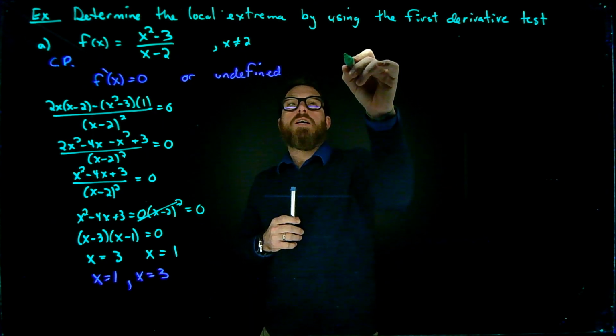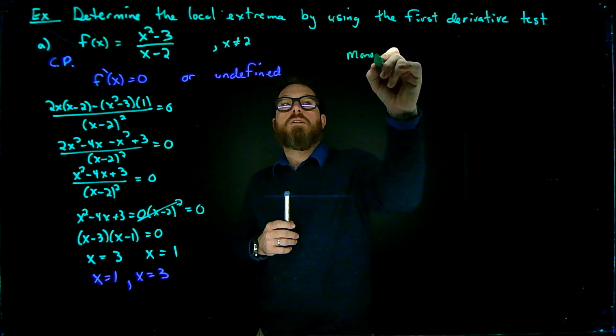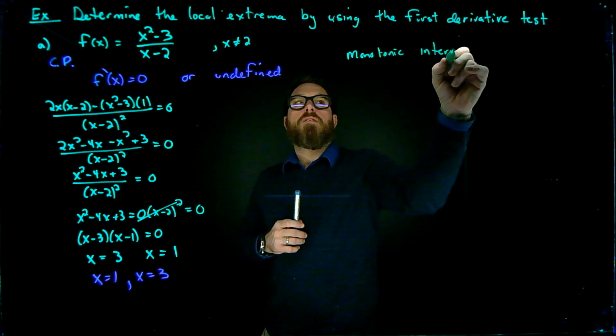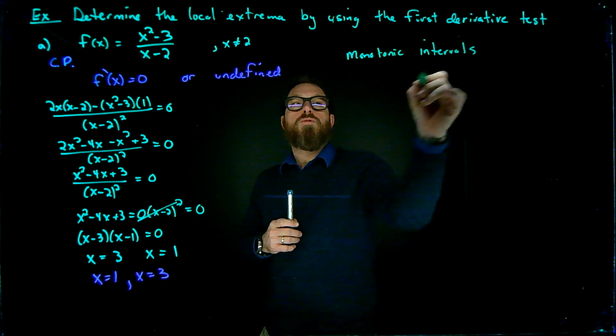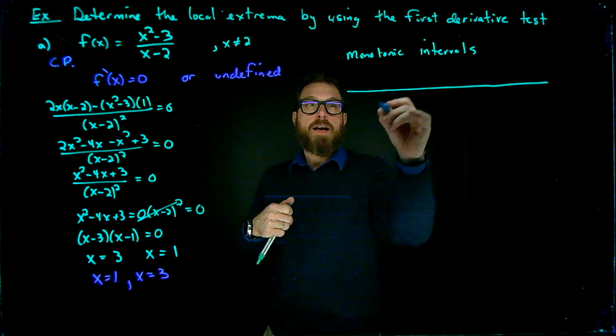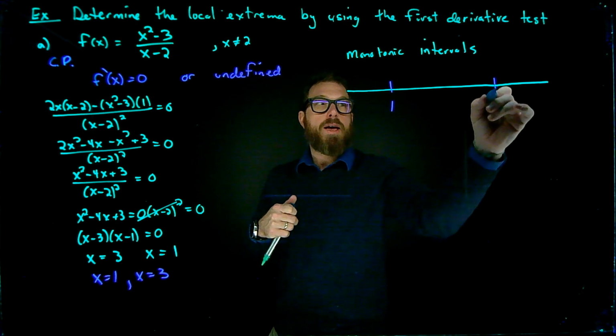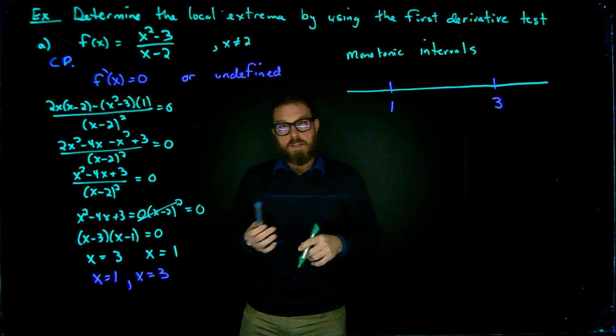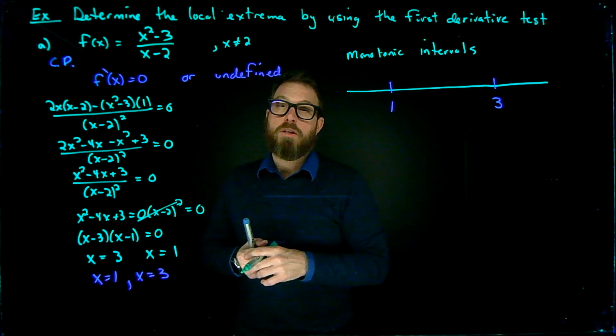So now when we look at the monotonic intervals, so far we know that we are cutting at x equal to 1 and also at x equal to 3. Now I also care about where this thing is undefined. It might not change from increasing to decreasing, but it might.